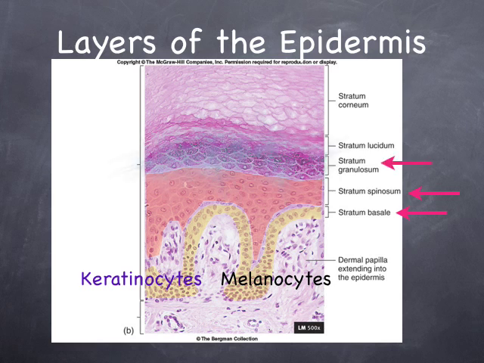Now, once they do their thing, once they've gotten even farther away, now these cells here in the stratum granulosum, these cells are older now, and they're old enough, in fact, they've been producing keratin for so long that I can actually see granules of keratin in the cytoplasm. And so we call it the stratum granulosum because I can see those granules.